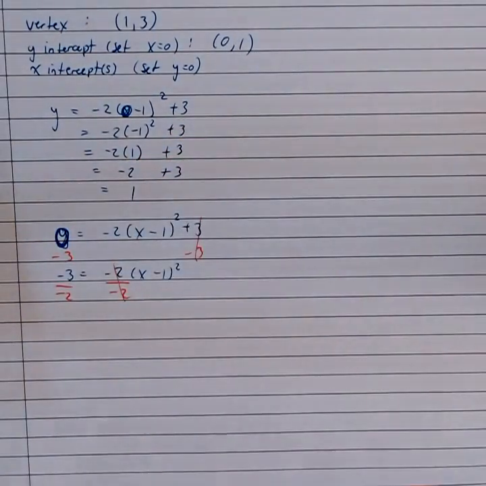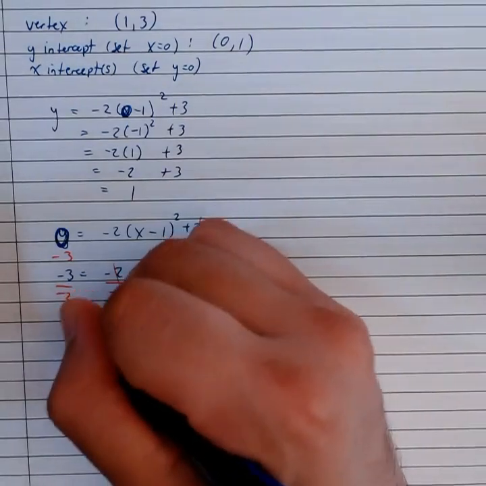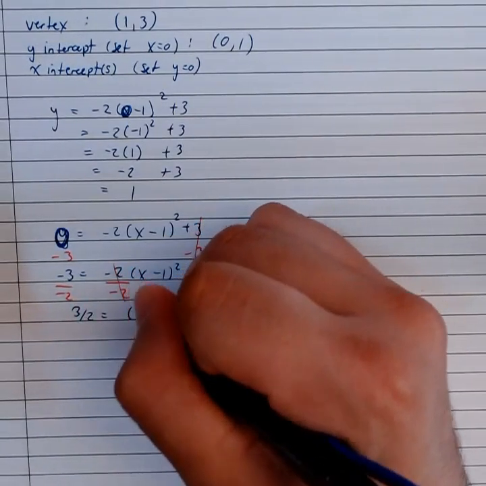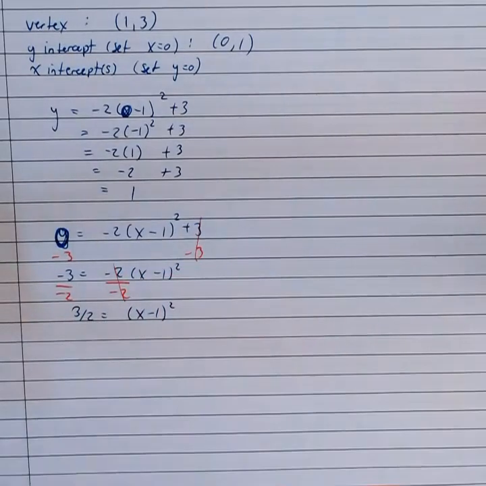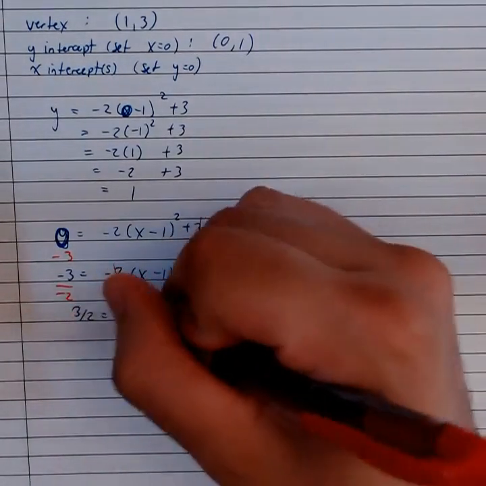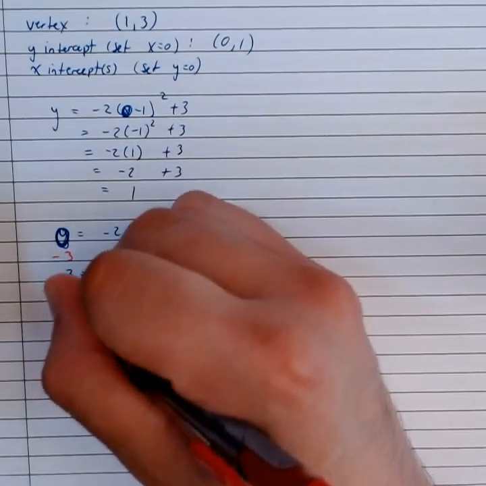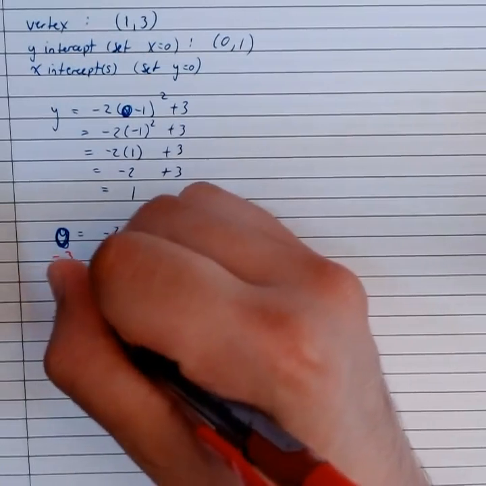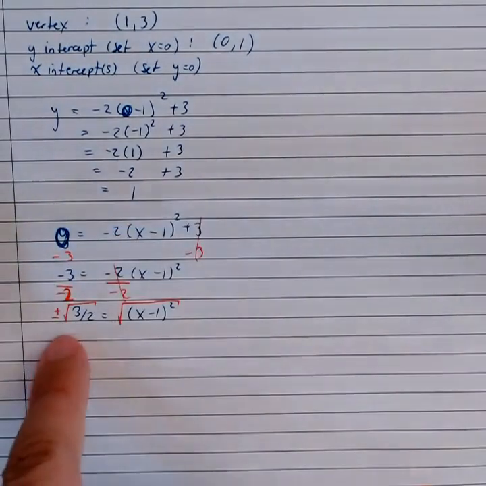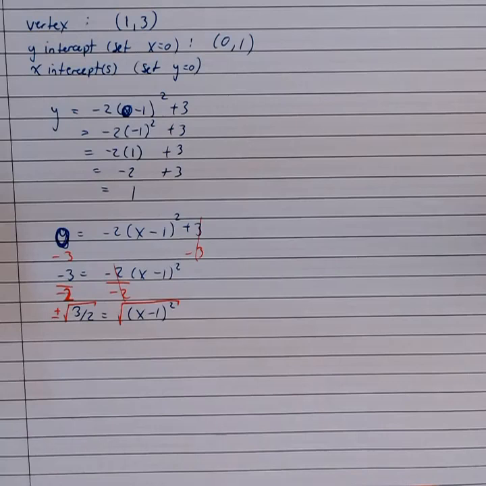Negative over a negative is a positive, so that's a positive 3/2 is equal to (x minus 1) squared. Now let me take the square root of both sides so that I can get rid of that square. Now remember, when you take the square root, there's 2 different square roots. There's a positive and a negative. So that's plus or minus the square root of 3/2.